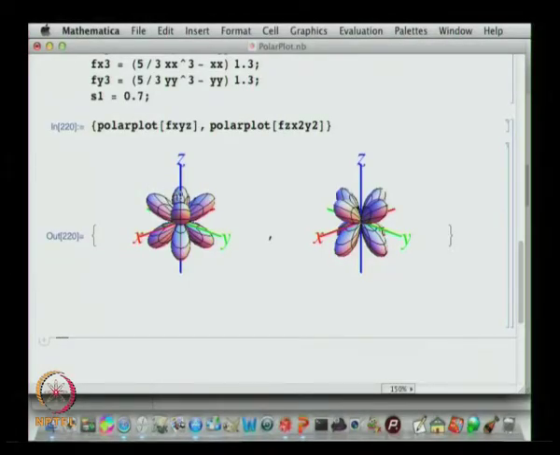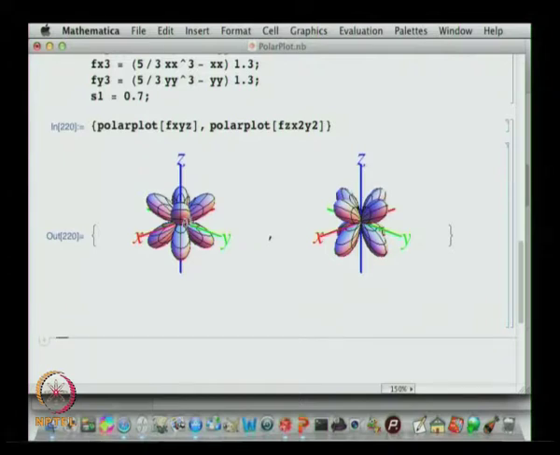In fact, if you inspect it closely, you would realize that this second orbital can be obtained from the first, if you like. How? By rotating this orbital about the z axis. You just take this orbital and rotate it about the z axis by 45 degrees.